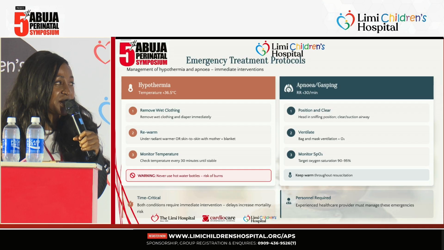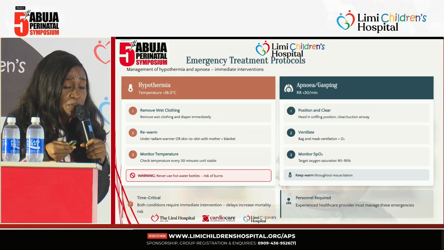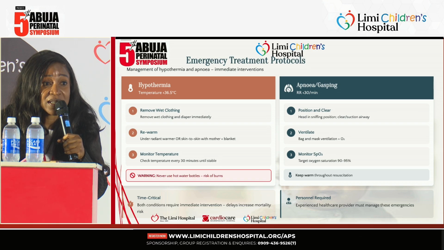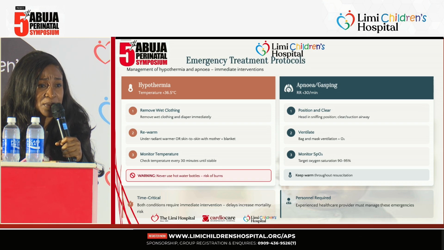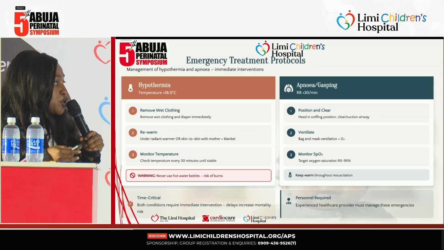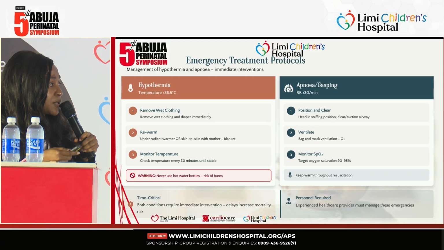Hypothermia, how do we manage it? Make sure the baby is warm after delivery, and you put the baby under a radiant warmer, clean up, and remove the napkins or anything that is wet around the baby, because that can tip the baby into being hypothermic. So you make sure you monitor the temperature regularly.